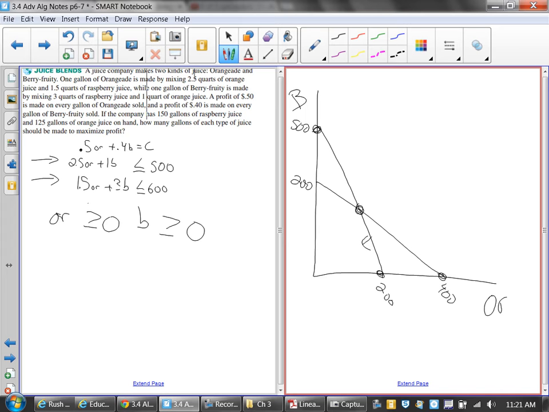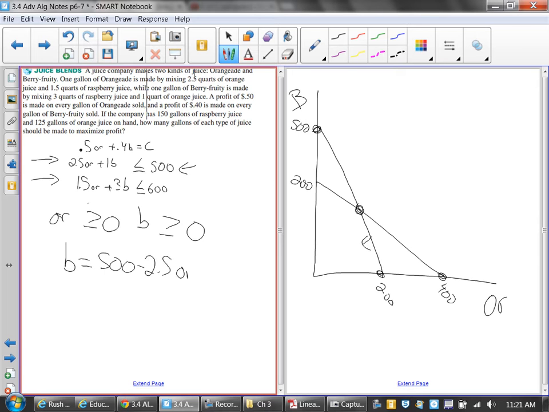Now, when I work with the intercept on that one, once again, it is setting you up, since you have b with a coefficient of 1, use substitution. b is 500 minus 2.5 orange, and substitute that into here. So you get 1.5 orange plus 3 times the quantity, 500 minus 2.5 orange, and that has to equal 600.